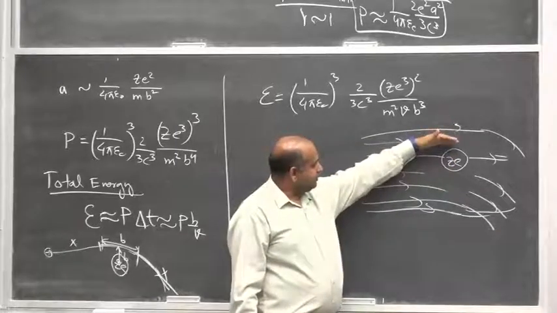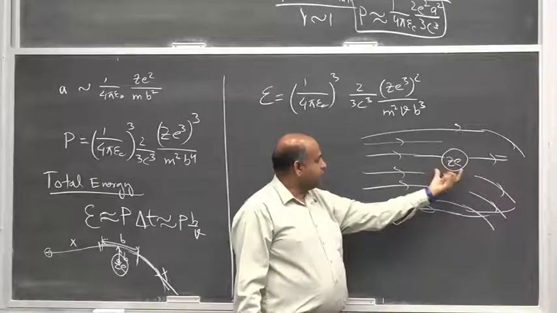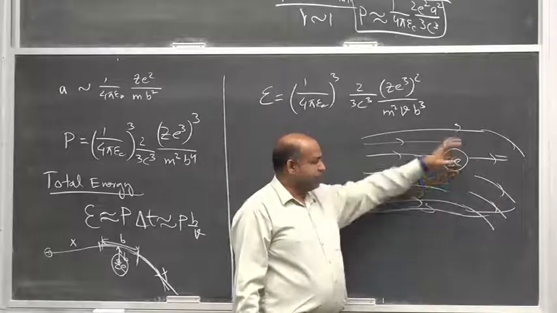So some particles are passing nearby, some are passing a bit far away, और सब जो है जो different energy radiate कर रहे हैं वो different.